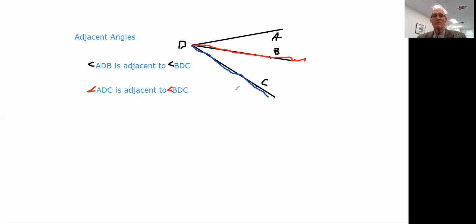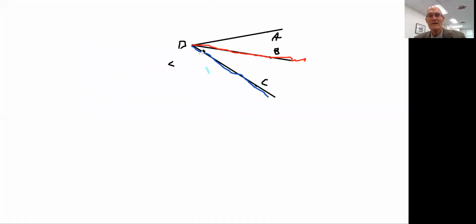Okay, now, the next thing we're going to talk about, so we will erase all of this. And so now we're going to talk about a linear pair. And a linear pair is two angles that form a line.